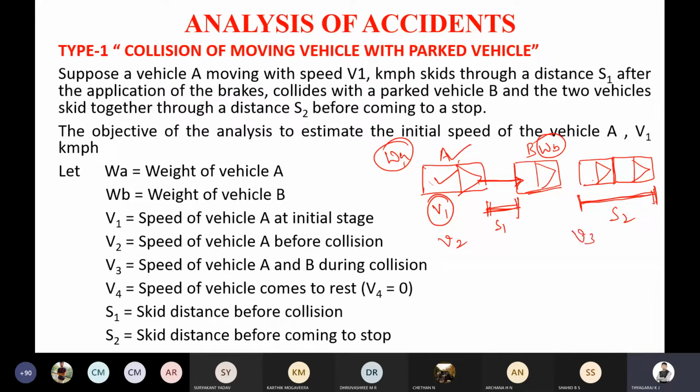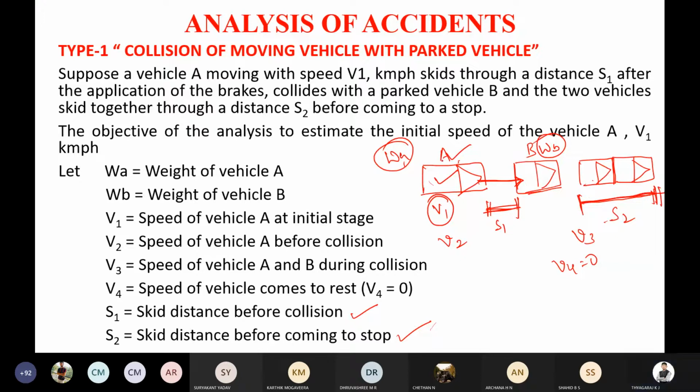After the collision the vehicle comes to rest, that is V4 is equal to 0. S1 is the skid distance before collision, S2 is the skid distance after collision, the distance traveled by both vehicles.